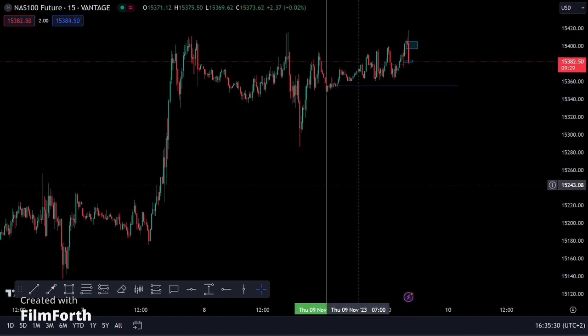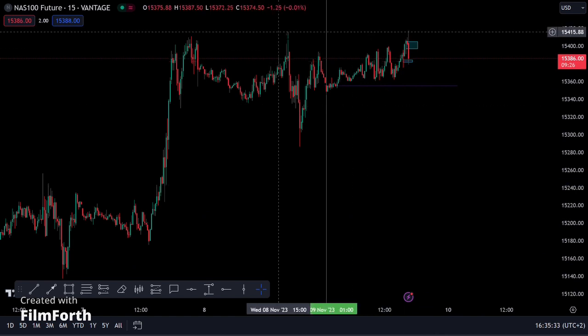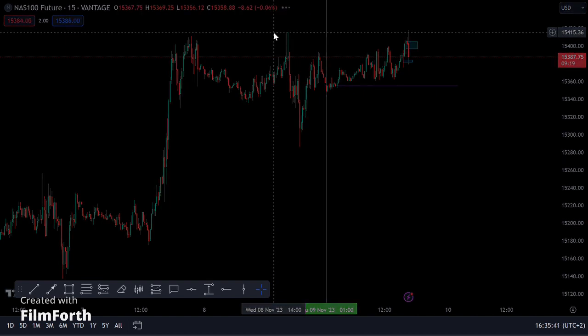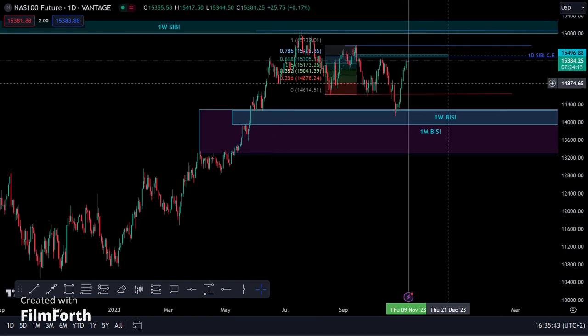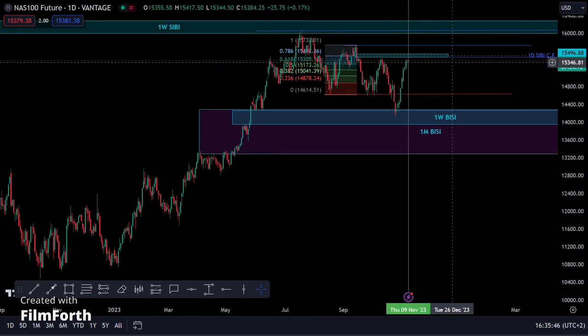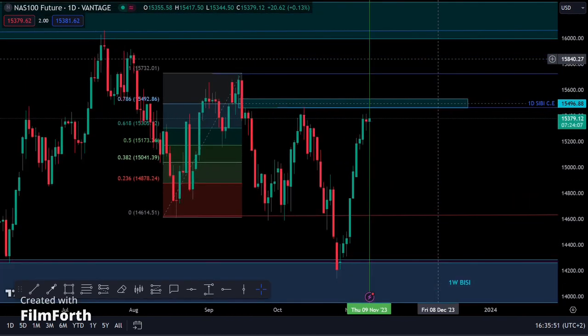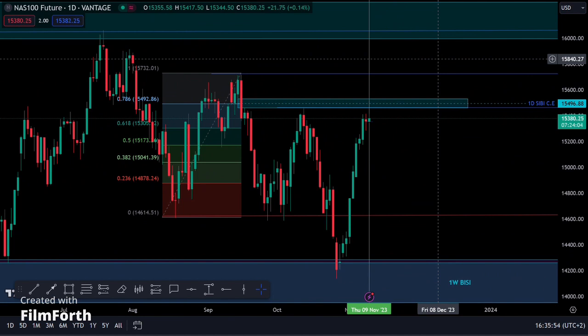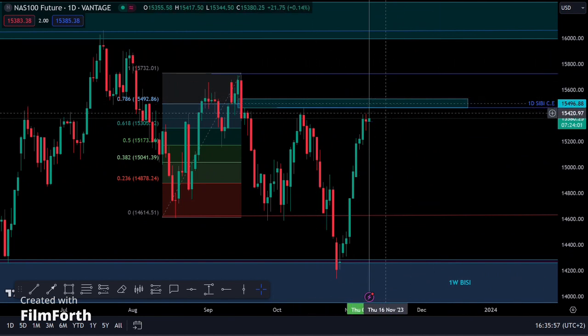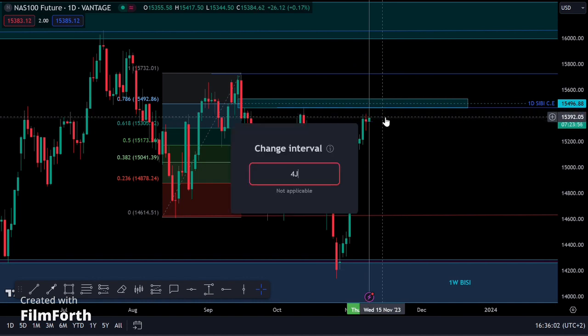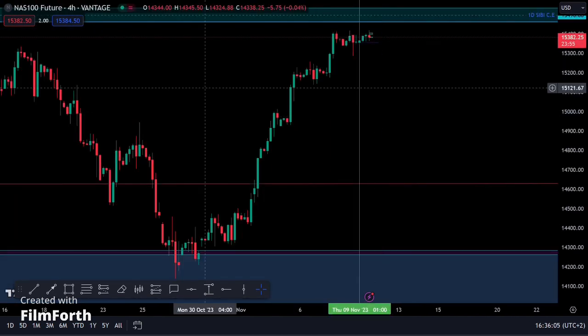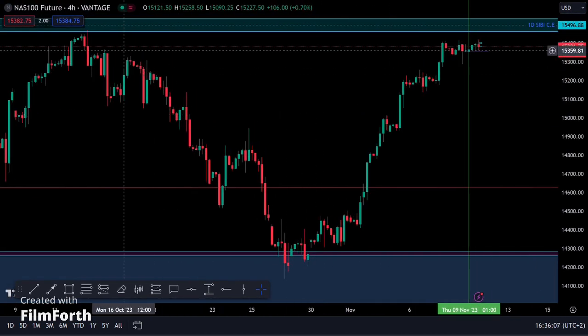Did it take out the highs? Yeah, it actually did. So if you look at this thing, it's using this area. It's deflecting off these highs taken here. What's this? 4-hour chart. I think that's where it's most clear. Yeah, reflecting off these highs. This is an interesting time, eh?